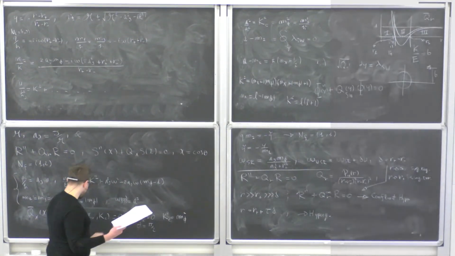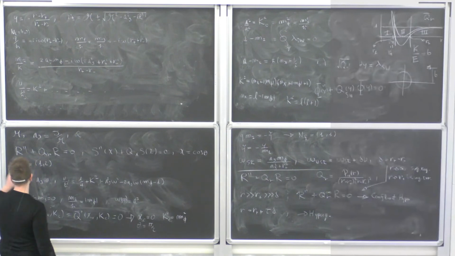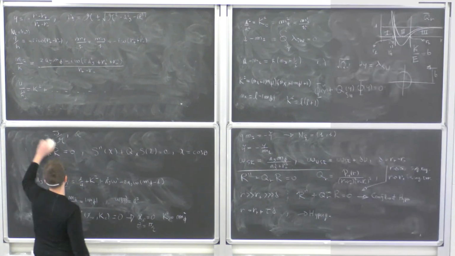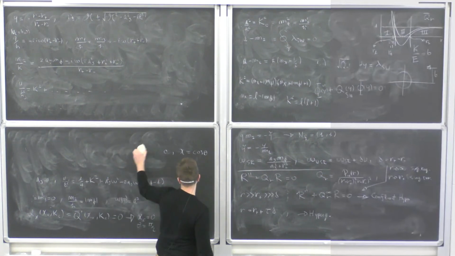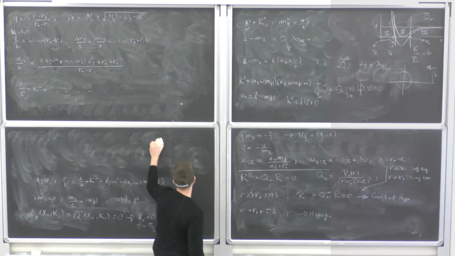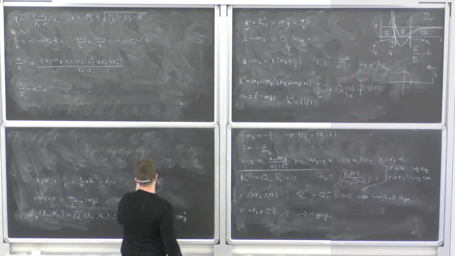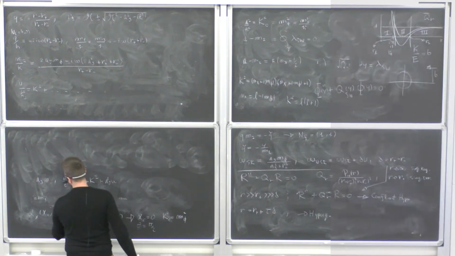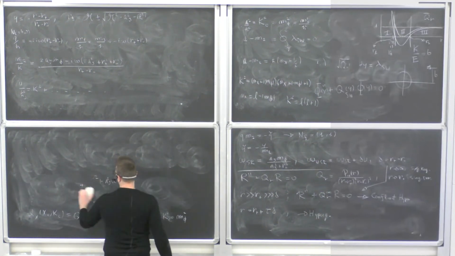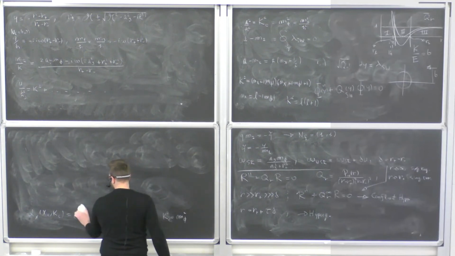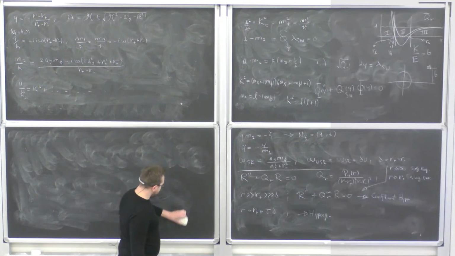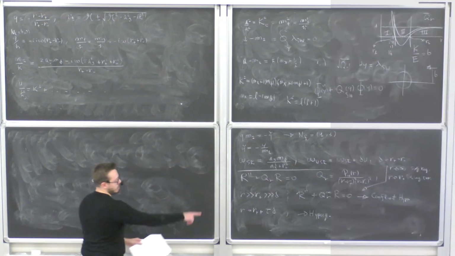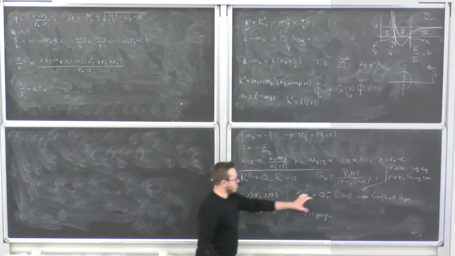Now I can do what I did in the beginning for the Schwarzschild black hole and impose the boundary conditions, the outgoing wave boundary condition at infinity and ingoing wave boundary condition at the horizon. This will give me a relation between the coefficients of the solutions computed in this regime and the solutions computed in this regime.